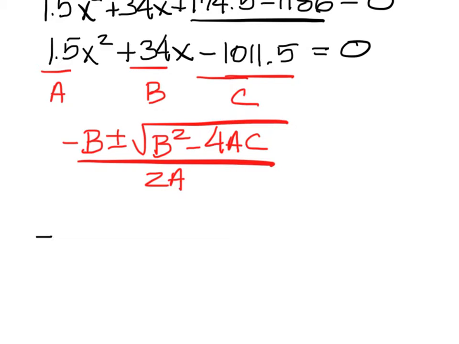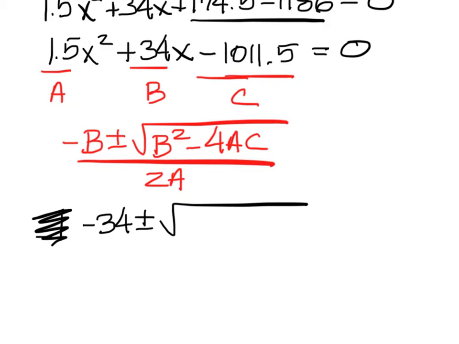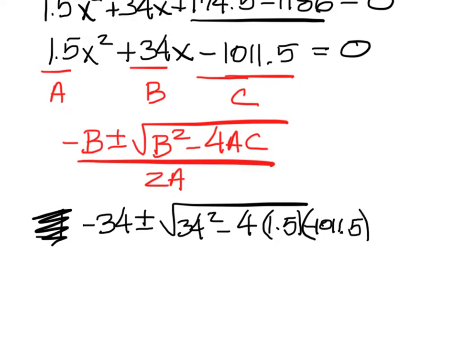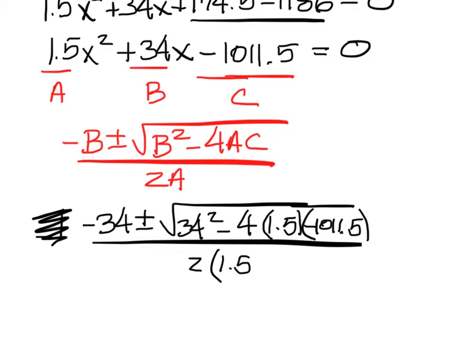So when you pop it in the formula, you have a negative 34 plus or minus the square root of b squared, which would be 34 squared, minus 4 times a, which is 1.5, and then times c, which is a negative 1011.5. Then over 2 times a, that's 1.5.